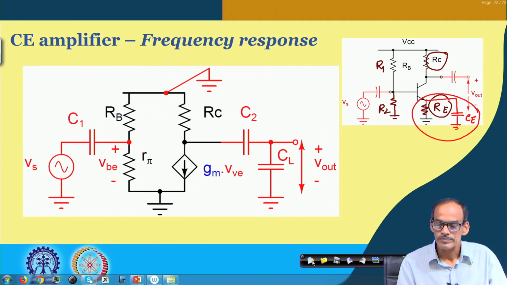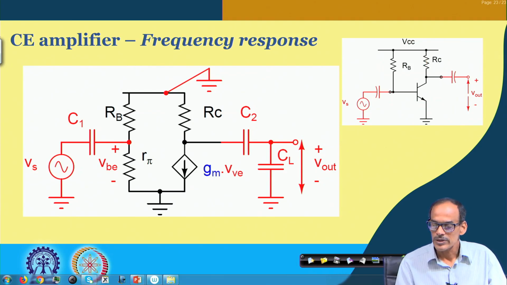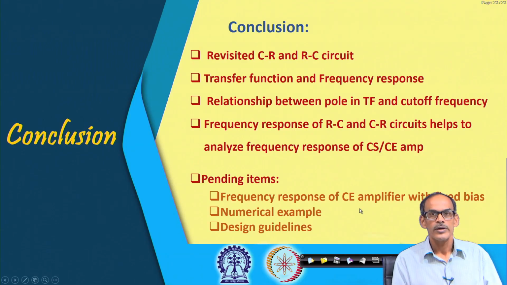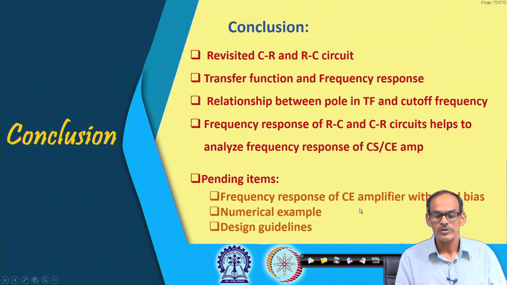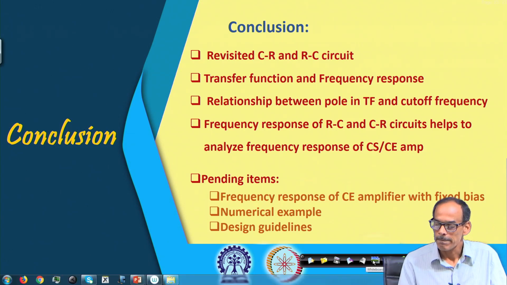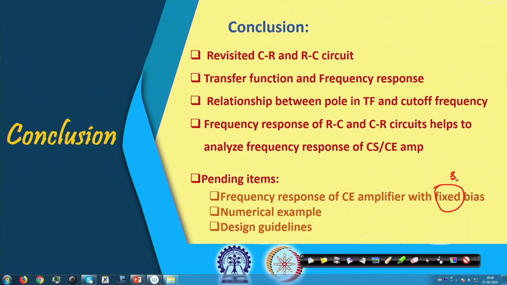So instead of stretching today's class towards the CE amplifier with the self bias, let us summarize what we have covered today. Okay, before I forget, actually this should be self bias.